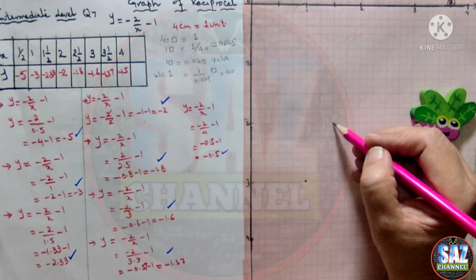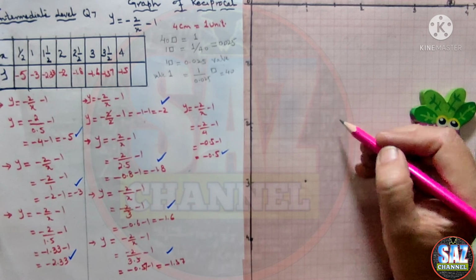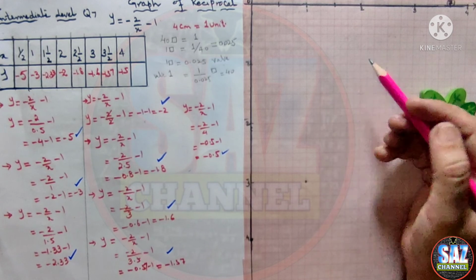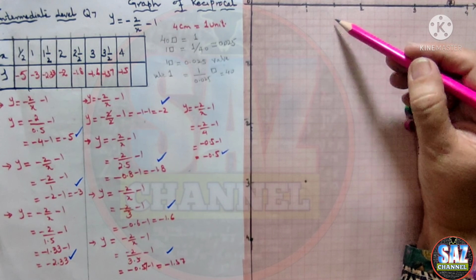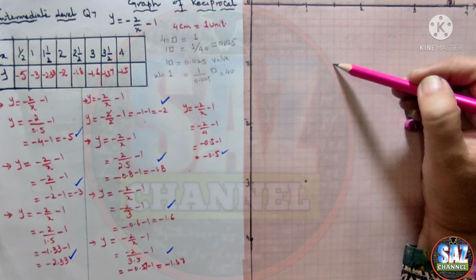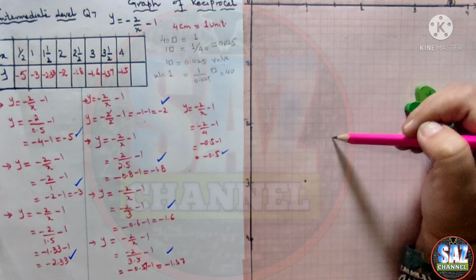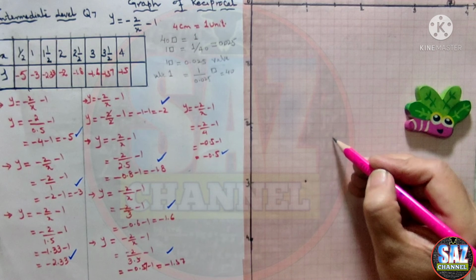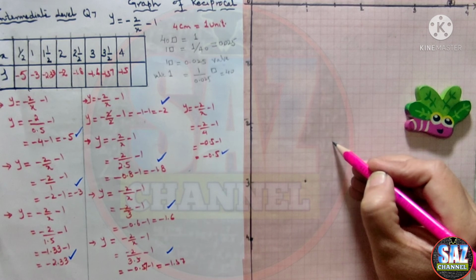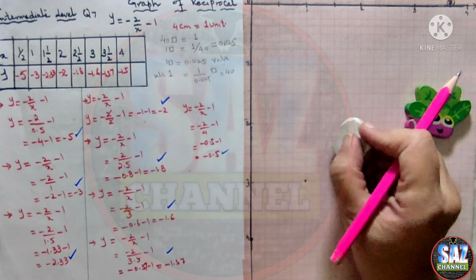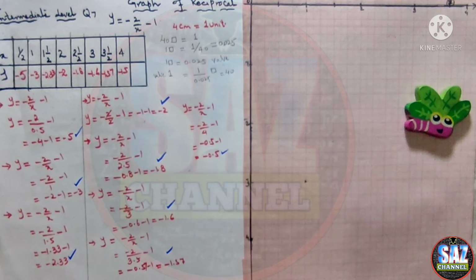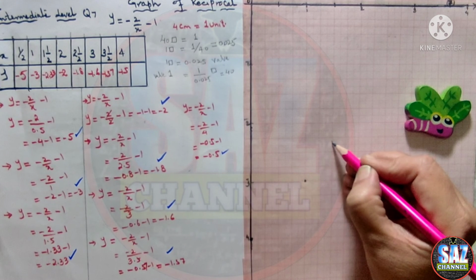For 0.33, how many small blocks do I have to move? 2.33 divided by 0.025 gives me 93.2. 93 is 10, 20, 30, 40, 50, 60, 70, 80, this is 90, and then 1, 2, 3 makes 93. Then I have to slide further for the 0.2.